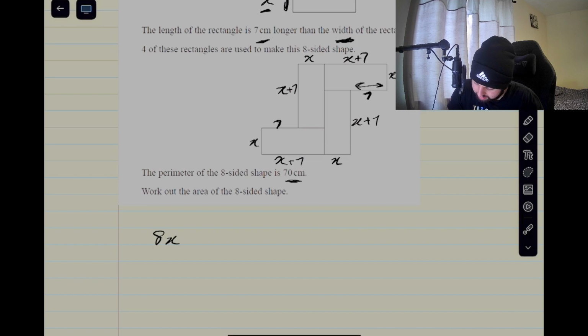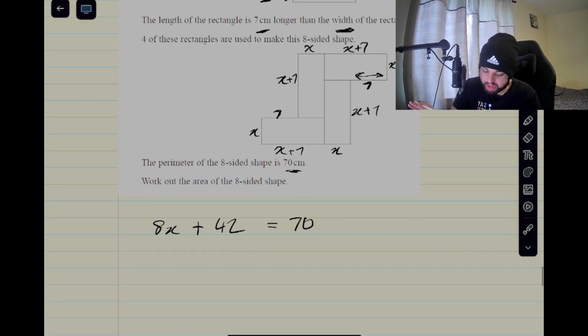So 8x plus 1, 2, 3, 4, 5, 6 7s, and 6 times 7 is 42. Sorry guys, sometimes you just have a dumb moment. So 8x plus 42 equals 70. By the way guys, I'm pretty sure this would show up in a calculator exam, so don't worry about it.